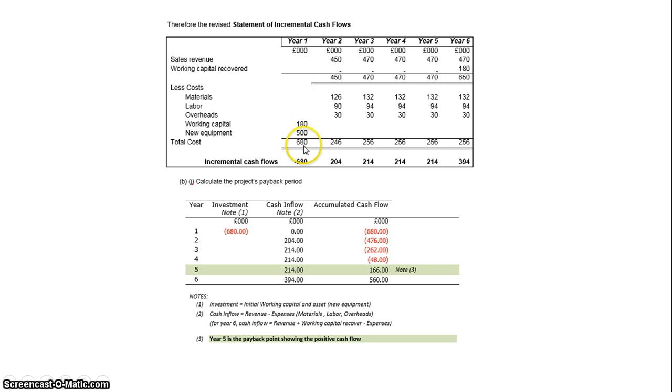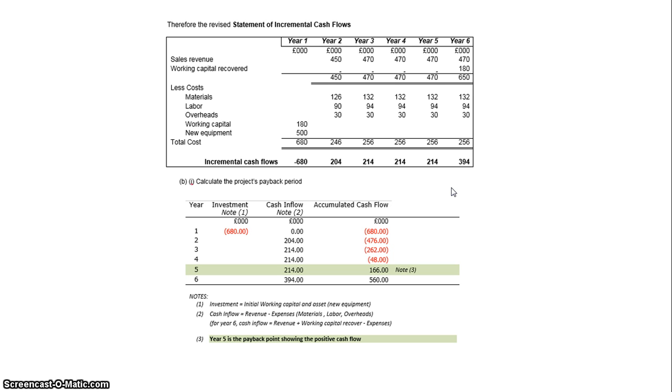So 0 minus 680 will give you minus 680, so a loss of 680. 450 minus 246 will give you 204. 470 minus 256 is 214, the same, and here 650 minus 256 will give you 394. So right now that's the solution for part A.